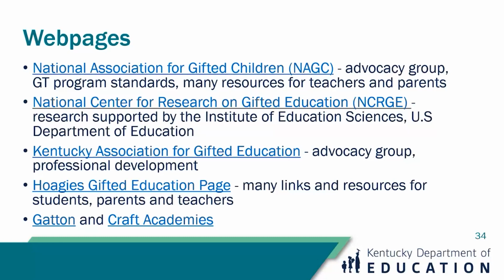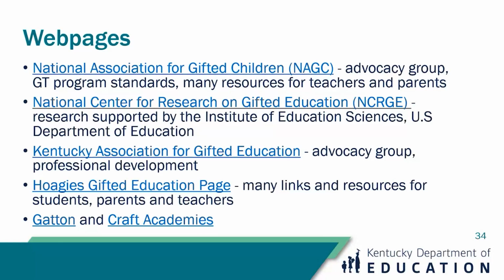We also, in our own state, have the Kentucky Association for Gifted Education. This is also an advocacy group, but it's on our state level. They offer professional development for teachers and administrators in the fall and the spring. They give a gifted education update, usually early September or late August.